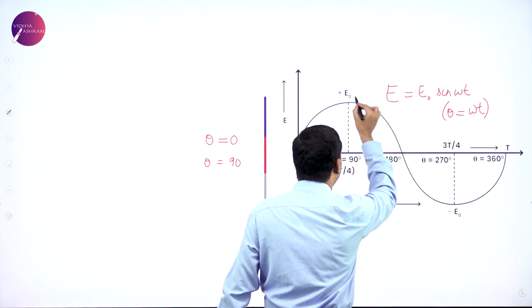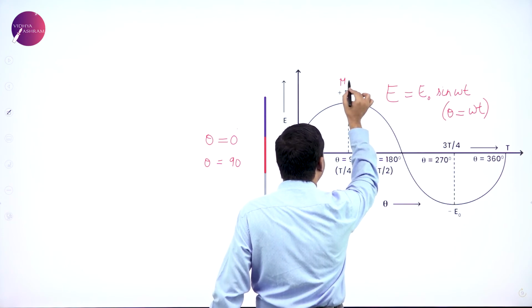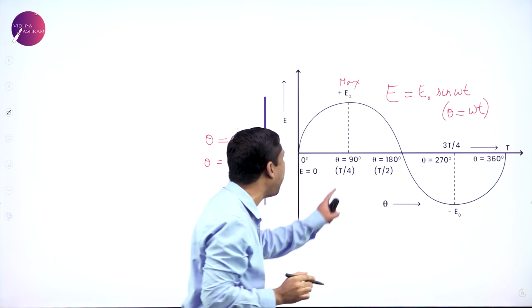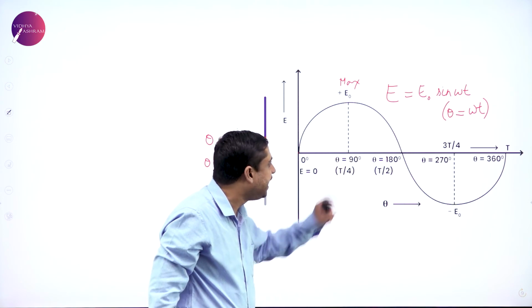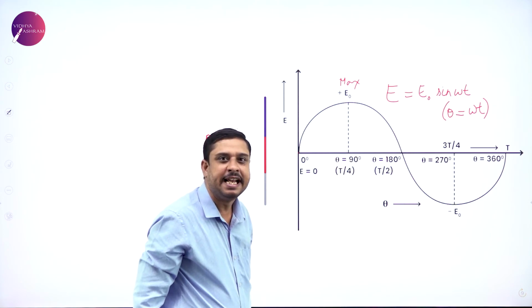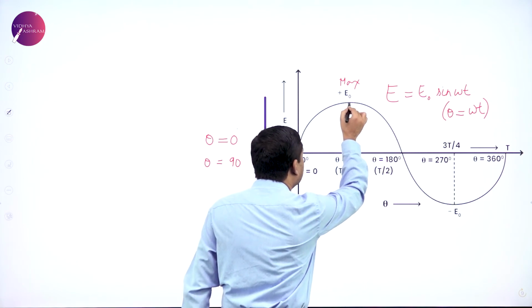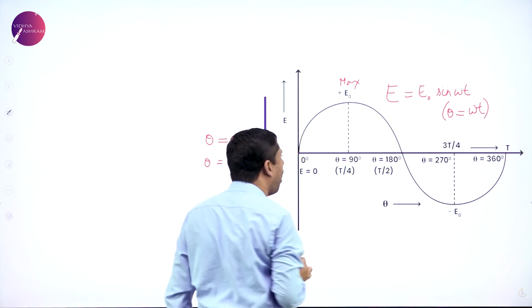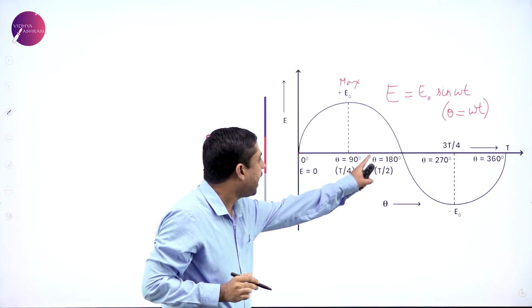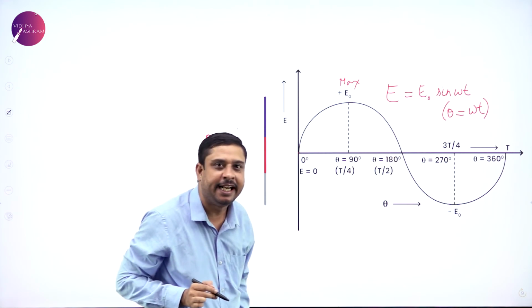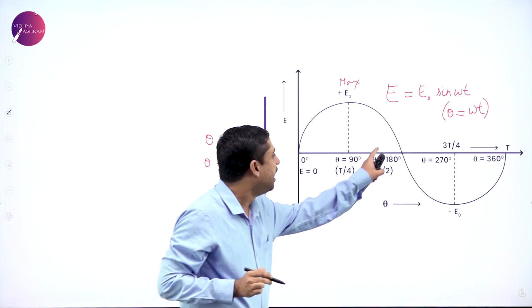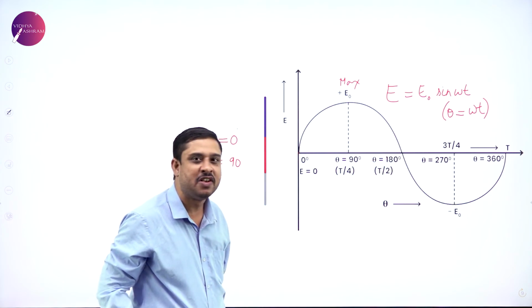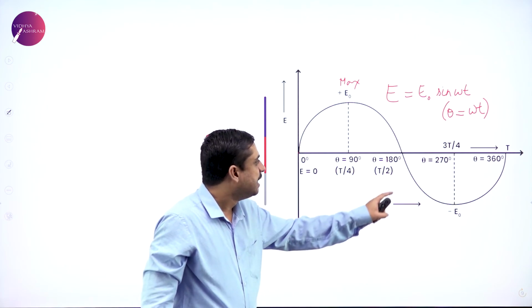So E becomes equal to E naught, and this is the maximum value. Again, theta is 180 degrees, sin 180 is 0. Again, induced EMF is 0.